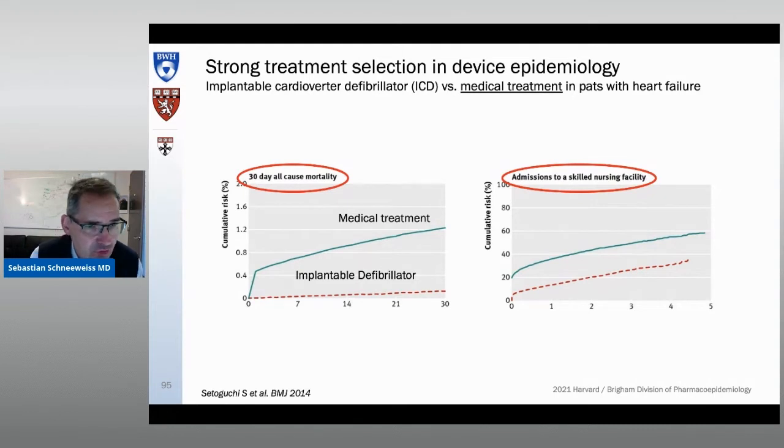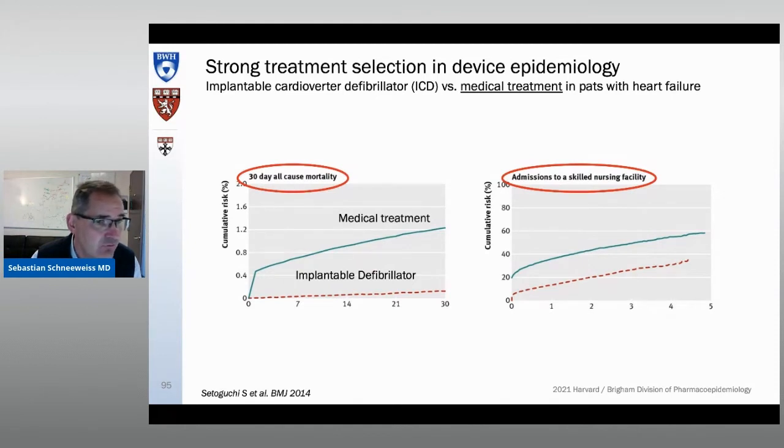Let me describe the diagram on the left side there. The outcome here is 30-day all-cause mortality. The red dotted line is the defibrillator. Day 0 is the day of implantation. The green line is medical treatment, and the index date there was some calendar match date, right? What you see is that the 30-day all-cause mortality risk is jumping up right away.